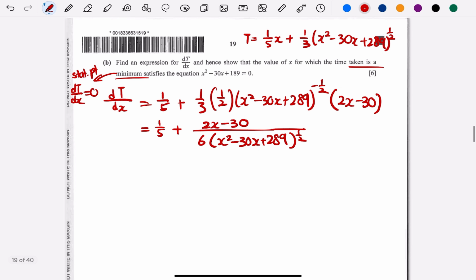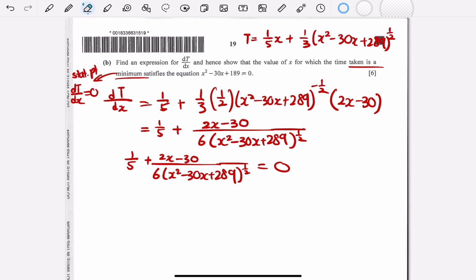So you just equate this to 0, right? And we will find that we can just simplify this whole equation. I'm just going to move the 1 over 5 over, so it becomes negative 1 over 5. Then I'm going to cross multiply.